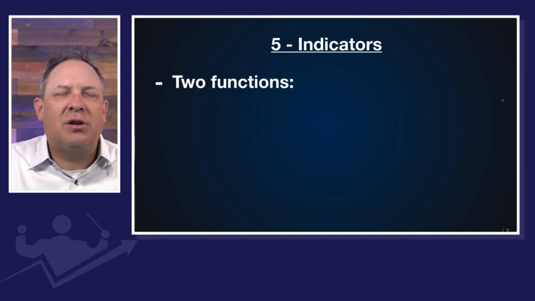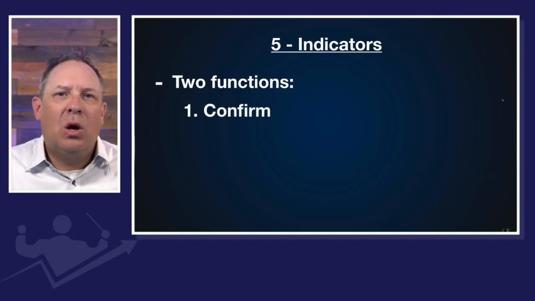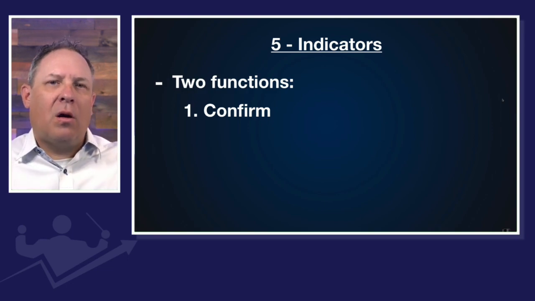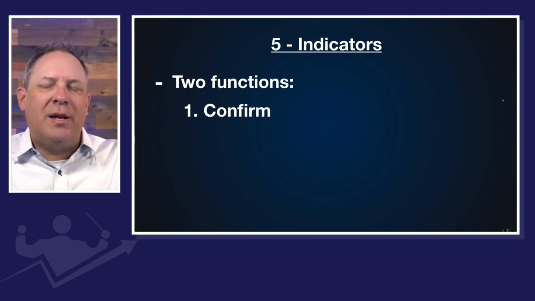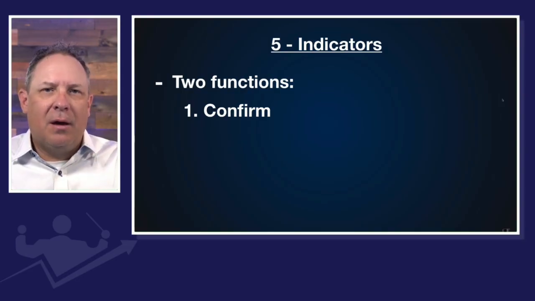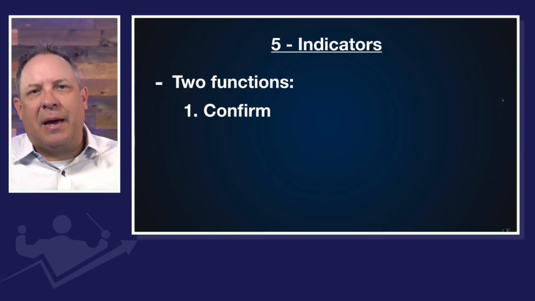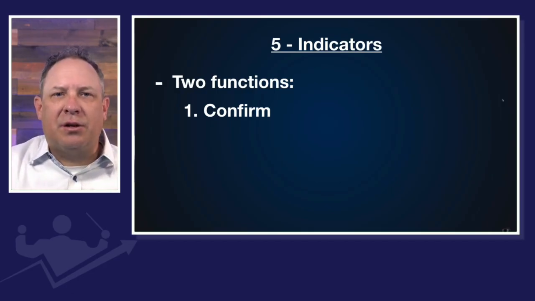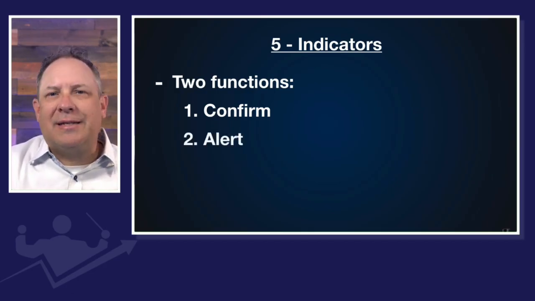Function number 1 is they serve to confirm what we already knew. They serve to confirm what our matrix told us, what the grid told us. They serve to confirm the trend analysis or what the chart patterns or the candlestick patterns told us. Or the second function that indicators serve is to alert us to something that we did not see.